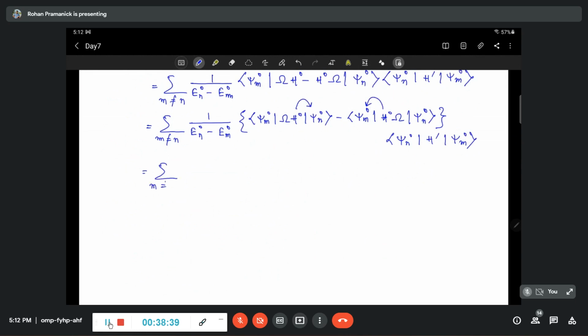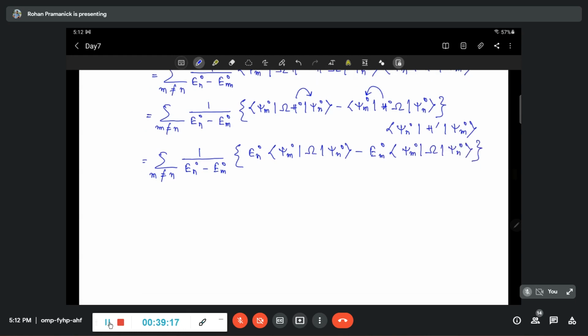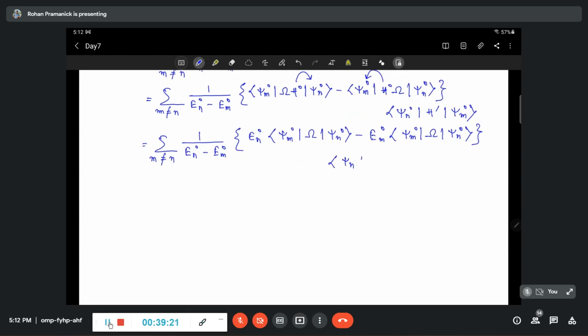What it will give you is 1 by En0 minus Em0, and the first term is En, a constant, which comes out of this thing, psi m0 omega psi n0, minus, and this will act on this, you will get Em0 psi m0 omega psi n0, and this thing is as it is, psi n0 h prime psi n0.